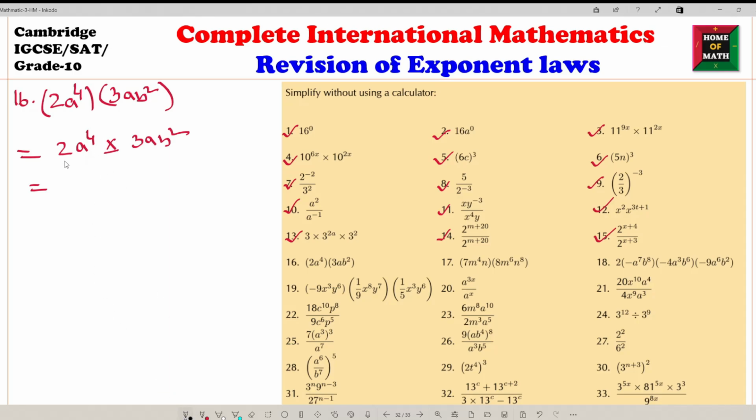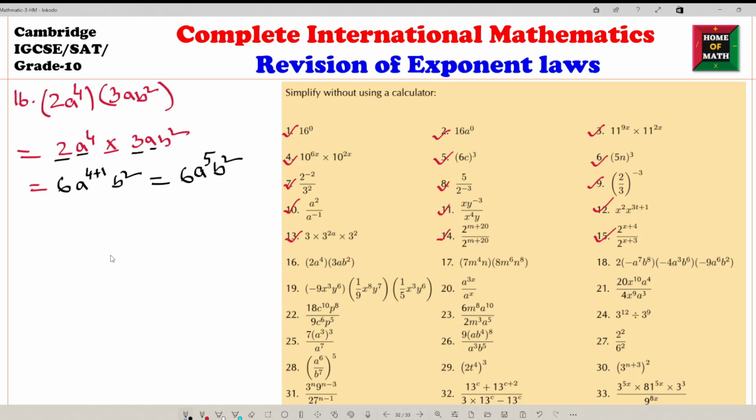Now look, the constants are 2 and 3, so 2 times 3 is 6. Okay, and look here, a to the power 4 and only a, so we can write like this, a to the power 4 plus 1 and b square. So our answer is 6a to the power 5 b square.